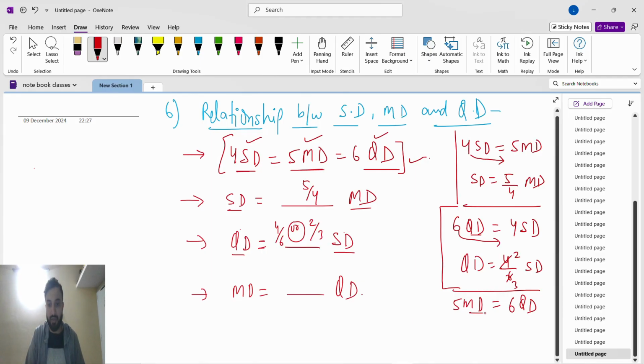So we have to find the mean deviation. I will keep the mean deviation as it is and send the 5 to that side. It will get divided, so the mean deviation is equal to 6 by 5 quartile deviation. Like this we are going to find the relation between any two. The main thing is we have to remember this relation: 4 standard deviation is equal to 5 mean deviation is equal to 6 quartile deviation.